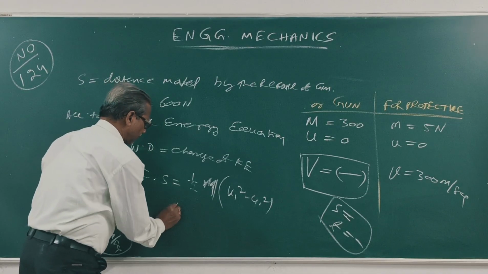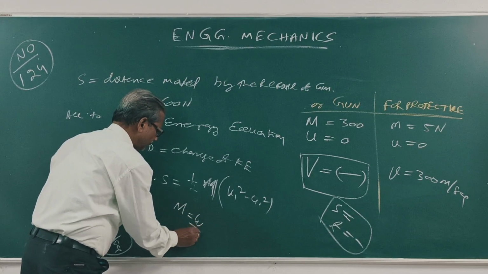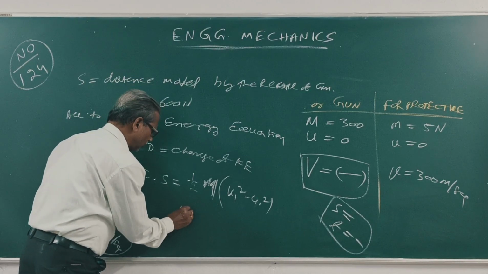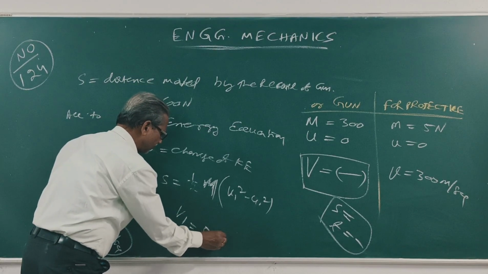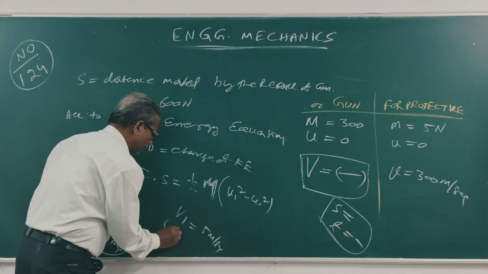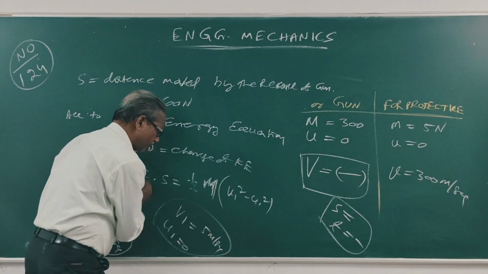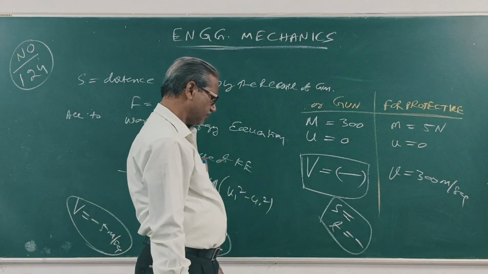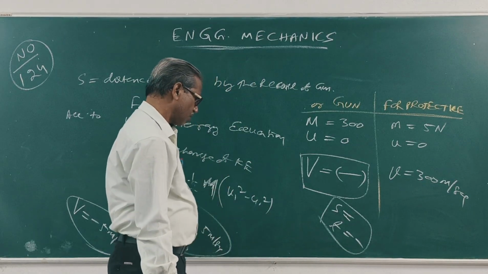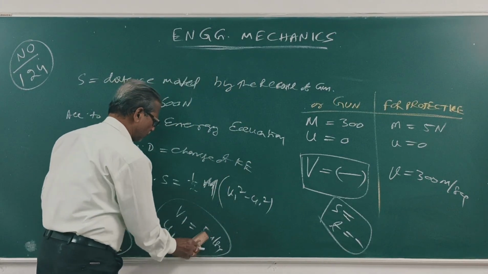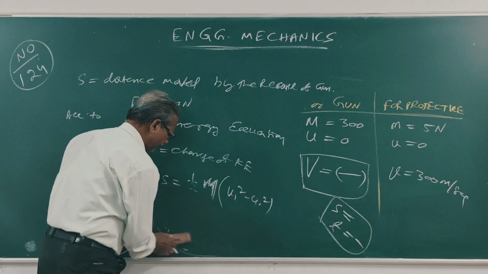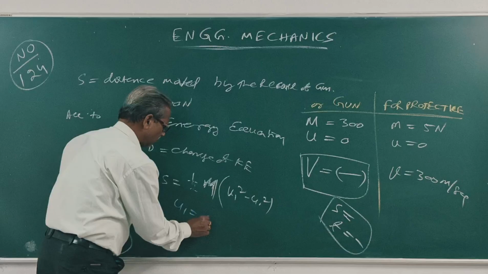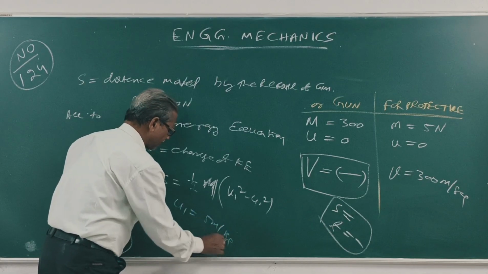Clear? Initially U1 is equal to 5 meter per second, V1 is 0.